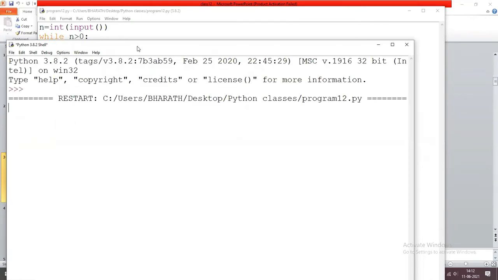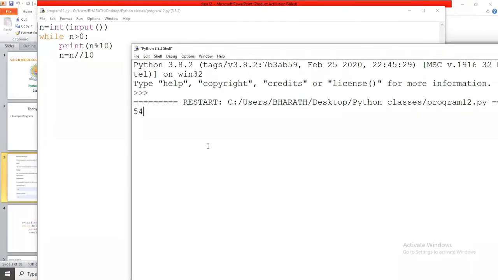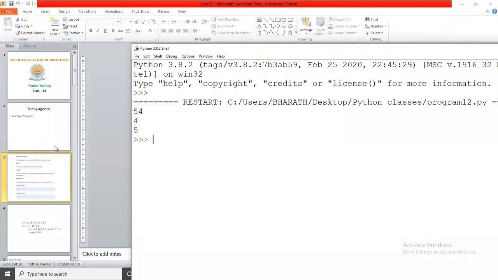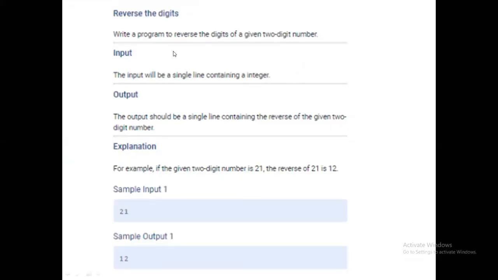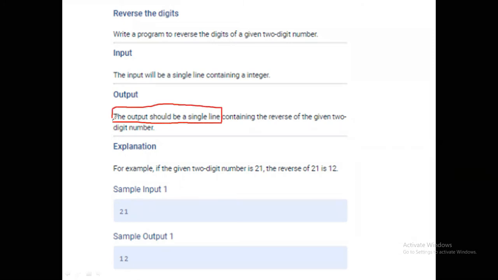Okay, if I enter 54, we get 4 5 as the answer, but in the description they specify that the output should be a single line.